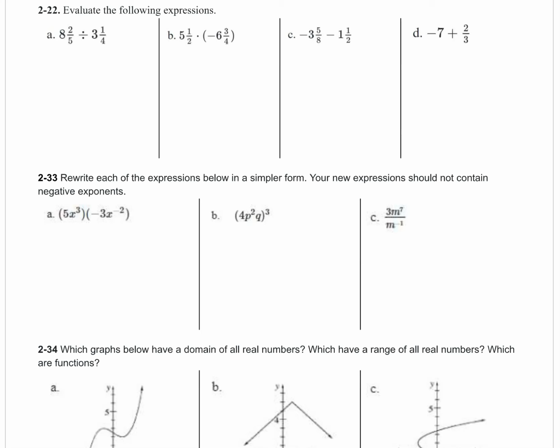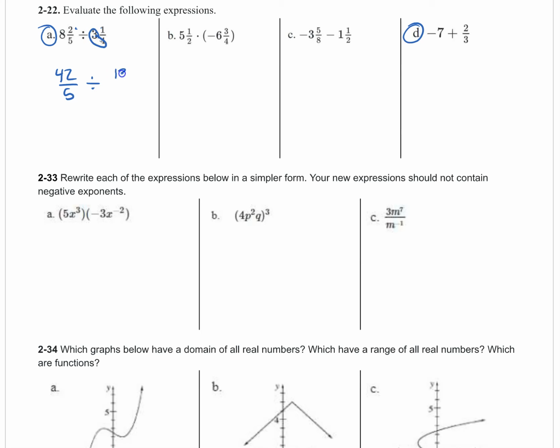2-22, evaluate. All right. So I like to turn all these into improper fractions. You can do whatever you like. I'll work on A and then D. So to turn this into an improper fraction, in case you forgot, you multiply those, which is 40, and then you add this number on top, which is 42, all over the original denominator 5. So multiply these. 3 times 4 is 12.